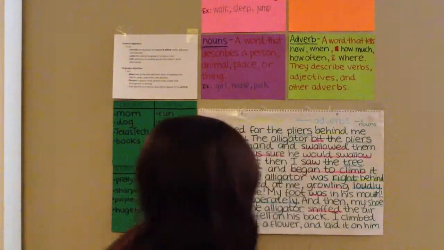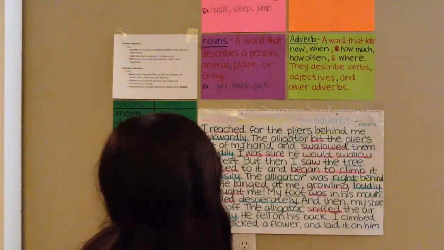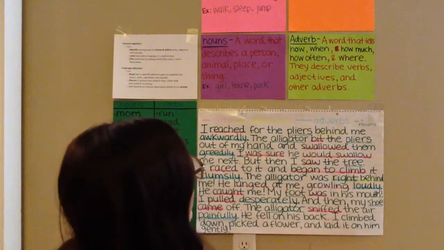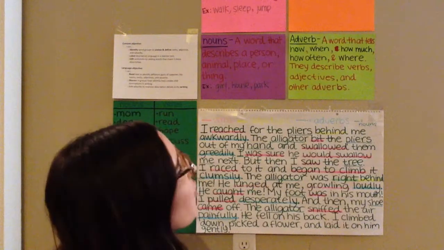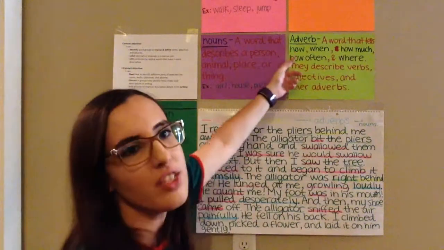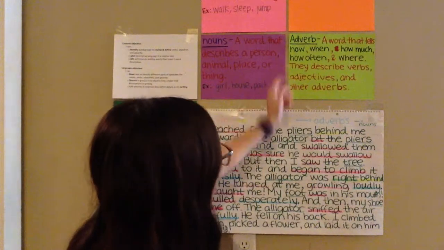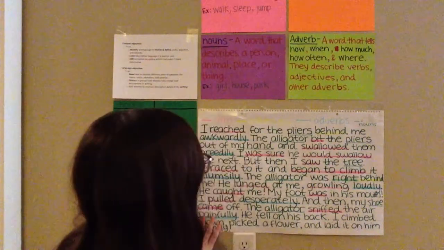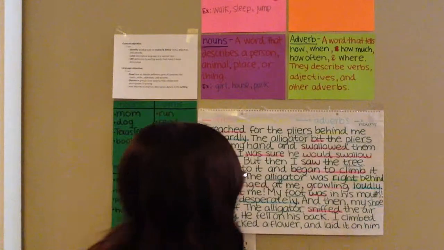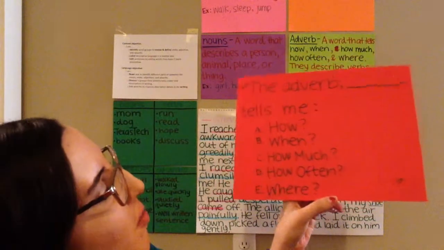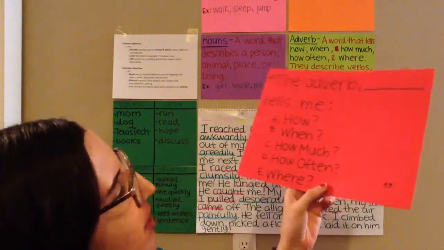Now, I want you to look at that sentence. The alligator sniffed the air painfully. So we know that adverbs tell us either how, when, how much, how often, and where, right? So which one of those is this adverb doing? Look at this sentence stem that we have here. It says the adverb blank tells me either how, when, how much, how often, or where.